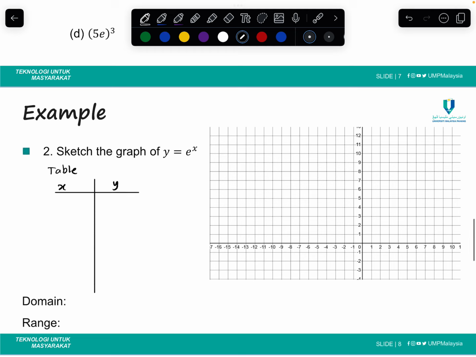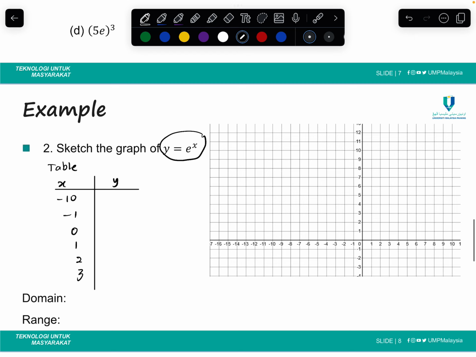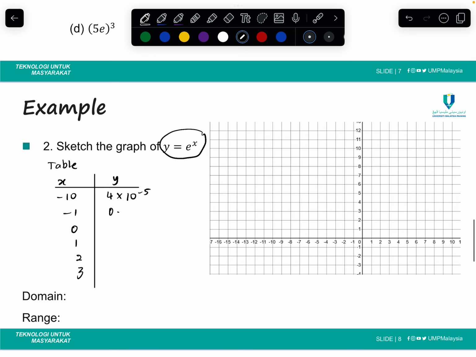Just take some negative values and some positive values, and then use this function and substitute the value of x. For negative 10, you will get 4 times 10 to the minus 5, then 0.3, 1, 2.7, 7.4, 20.1.